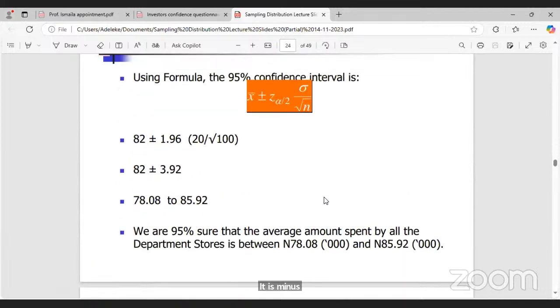Okay, so check the screen now. The upper limit is 82 plus, so that gives you 85. The lower limit will be 82 minus, and that will give you 78. But what we got from the table originally was minus 1.96. Yes.